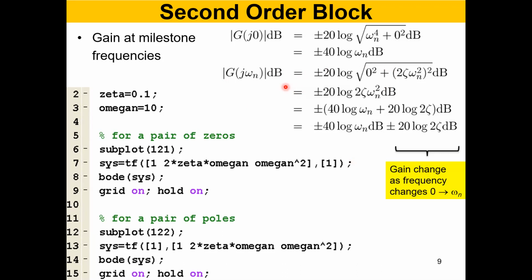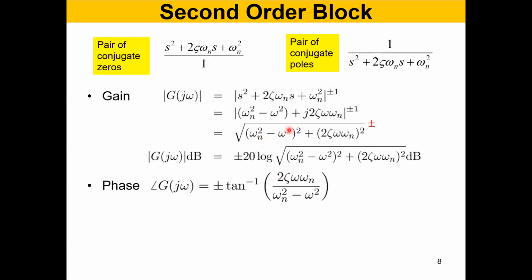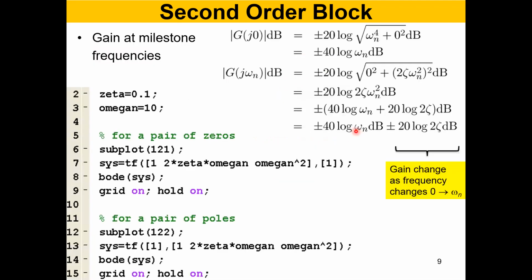Okay. So when you have omega equals omega n, you can see it over here. This becomes 0 when omega equals omega n. And this one would be 2 zeta omega n square. So something like this. So this square root will go away with this square.